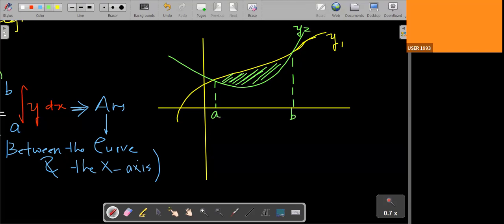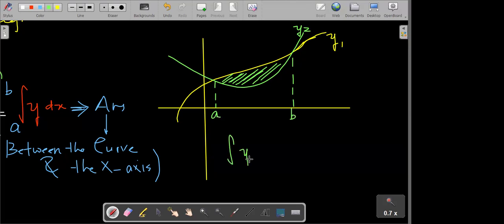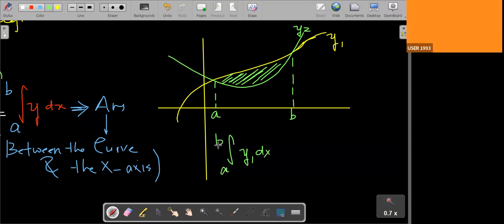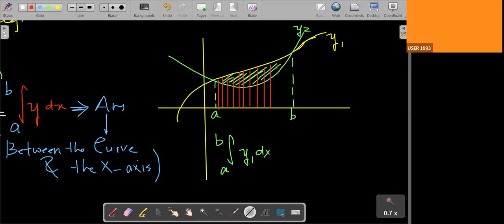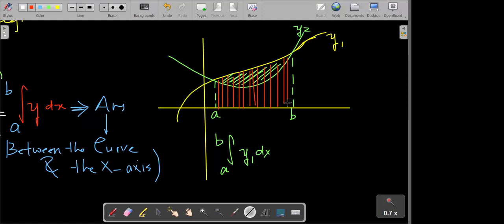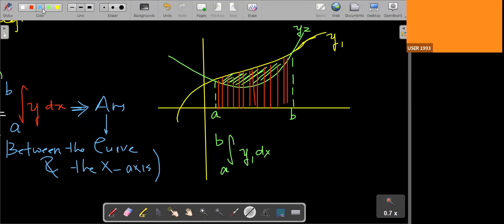If you integrate curve 1 with respect to dx from A to B, you will get the area under the curve and the x-axis. I mean, this whole area is what you're going to get. Any questions? But we need to find the area which is shaded.